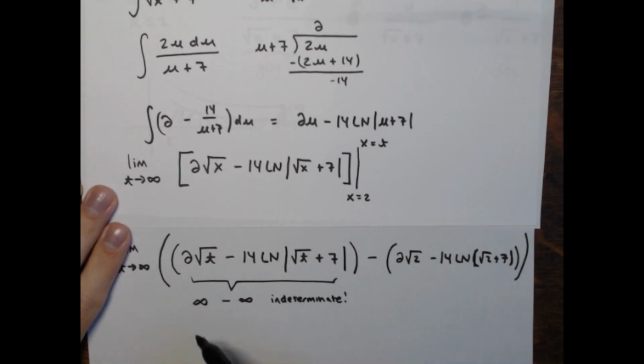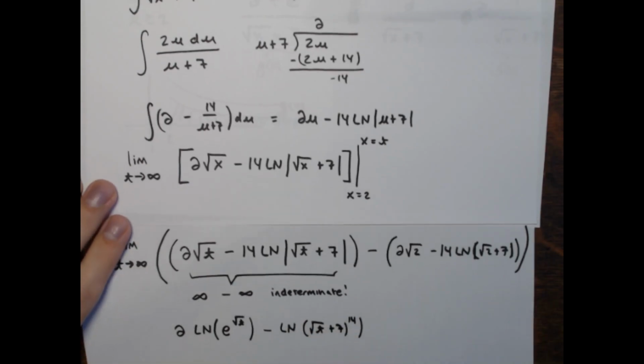But a way I can write this is as 2 times the square root of t, which I can write as the natural log of e to the square root of t power, and then minus, and I'll put the 14 in here, the natural log of the square root of t plus 7 to the 14th power.